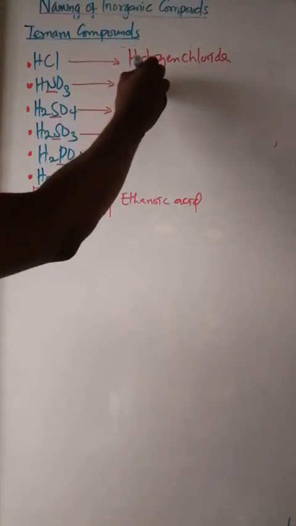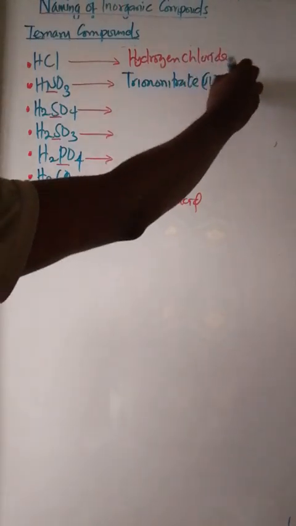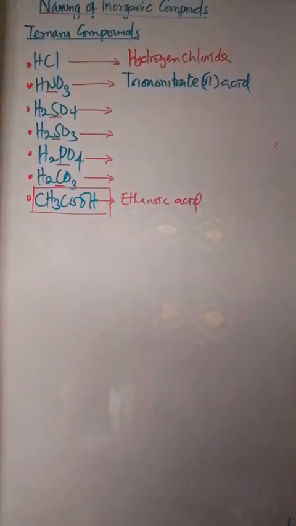So if you look for the oxidation state of nitrogen here, you get 5. So ordinarily the name ought to be hydrogen trioxonitrate 5. But for acid, you don't need to mention the hydrogen. We just negate the hydrogen and write what? Trioxonitrate 5, the right acid. If you solve for sulfur, you get 6.